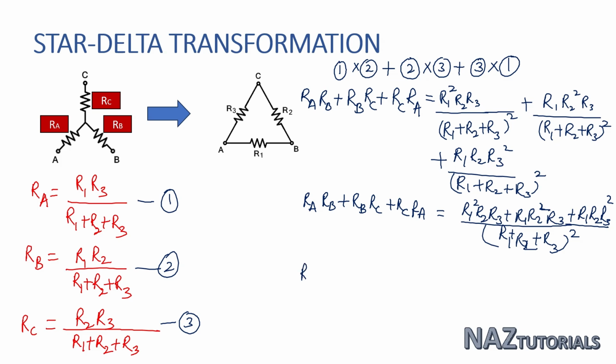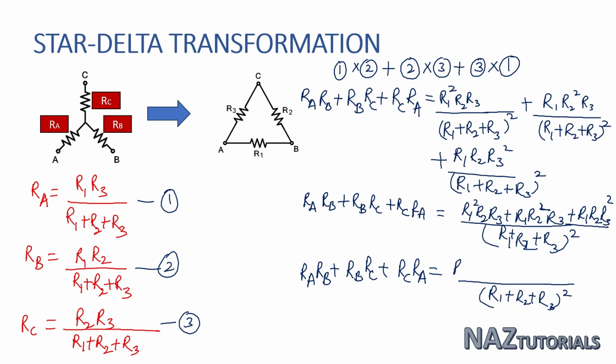Now here RARB plus RBRC plus RCRA is equal to this, over (R1 plus R2 plus R3) whole square.